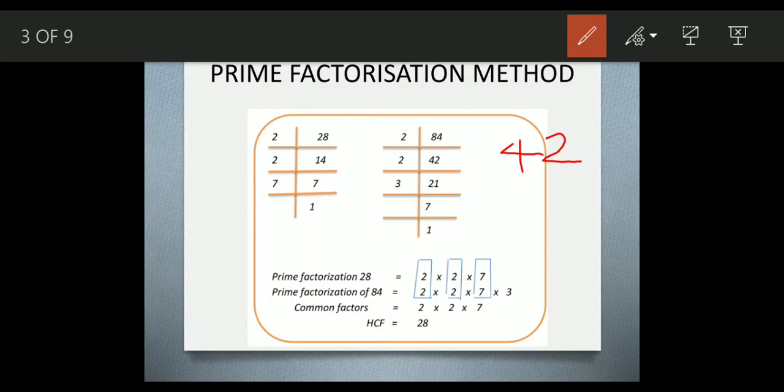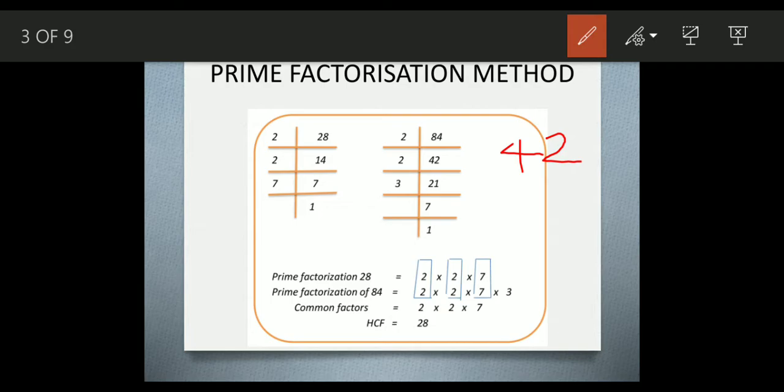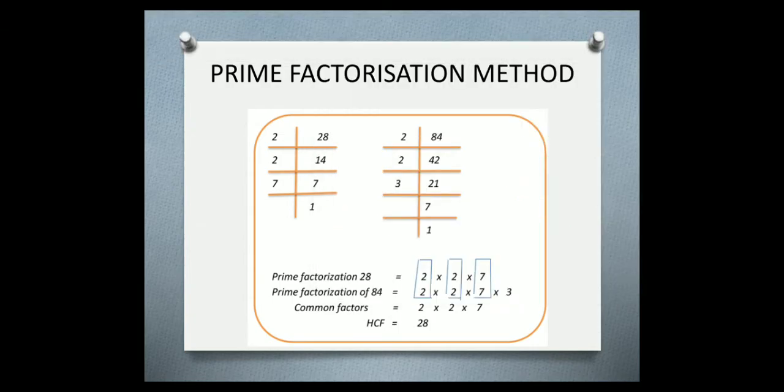Clear? Now 42 is again what? Even number. So I can go for what table? 2 table. How many times? 2 2s are 4. 2 1s are 2. Right? Fine. So now 21 is not possible in 2 table. So check whether it is possible in 3 table. So 2 plus 1, what will I get? 3. Now 3 is a multiple of 3, right? 3 1s are 3.